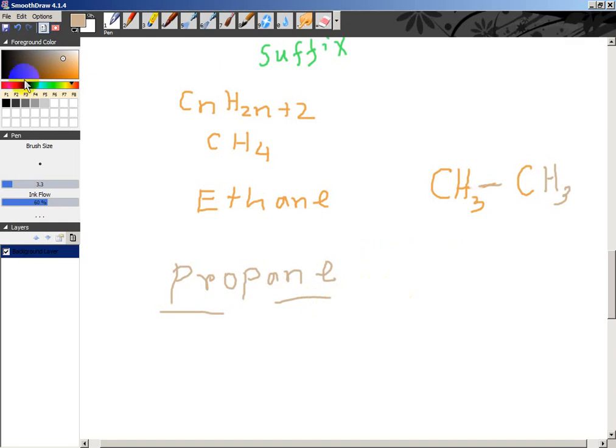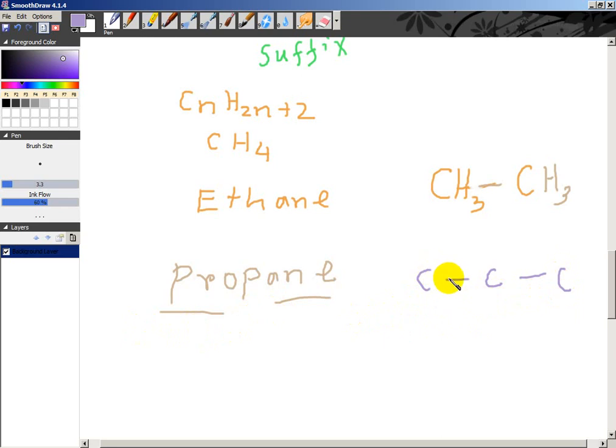Now I am drawing the structural formula. Prop means 3 carbon in a chain. I leave some space for hydrogen.